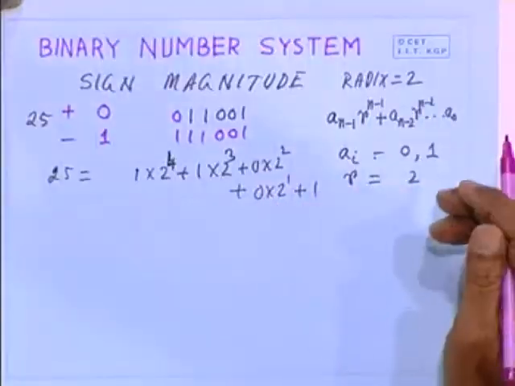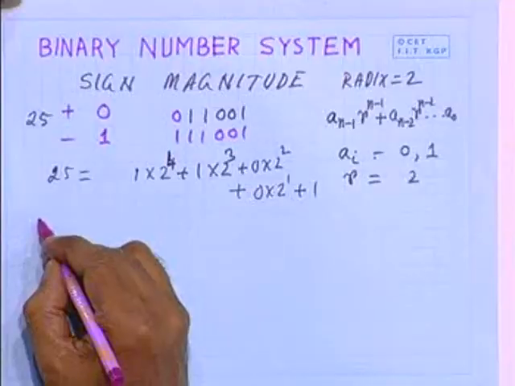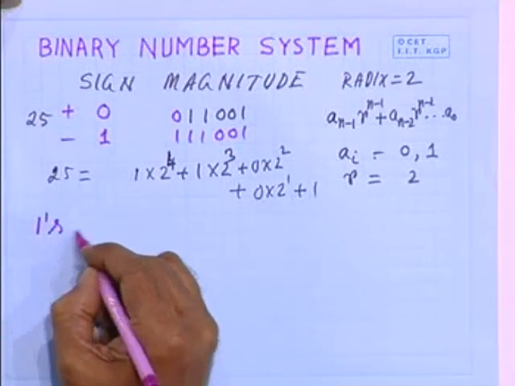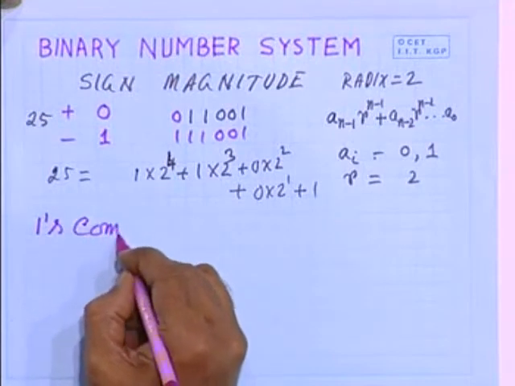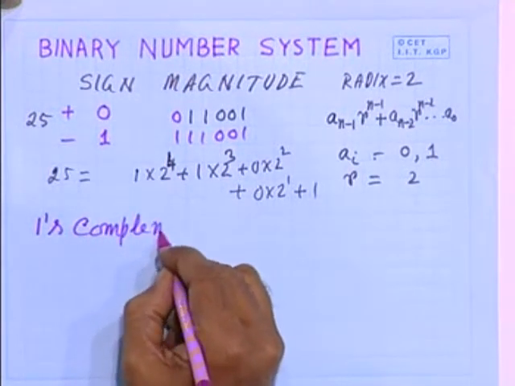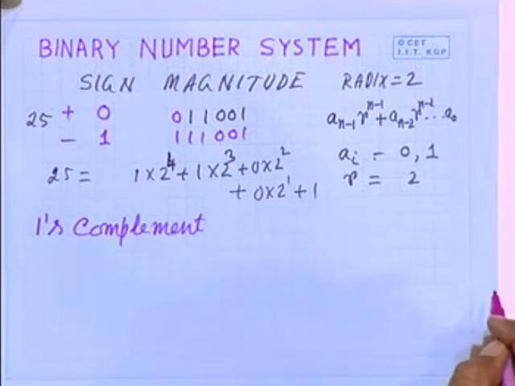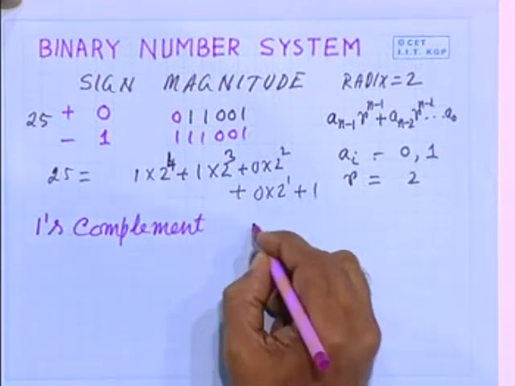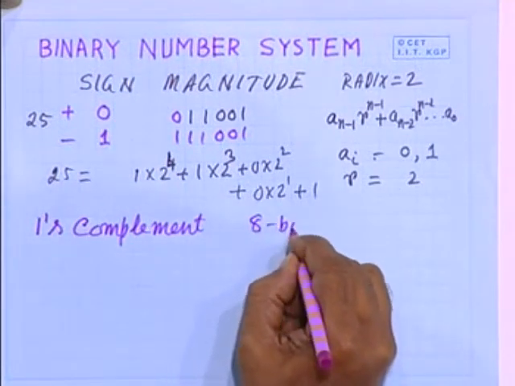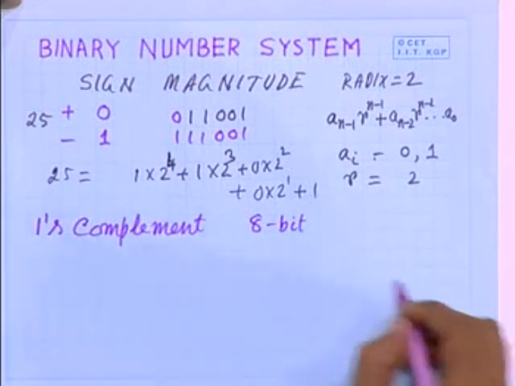Now, sign magnitude is not the only way of representing numbers in binary number system. Another alternative technique is known as ones complement form. In ones complement form, suppose it is an 8-bit number.